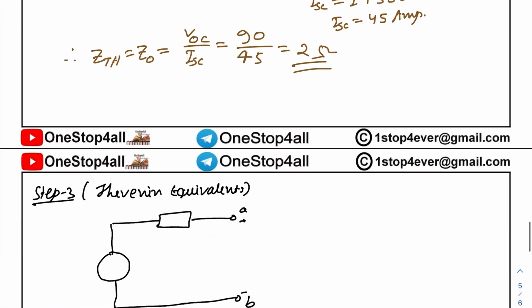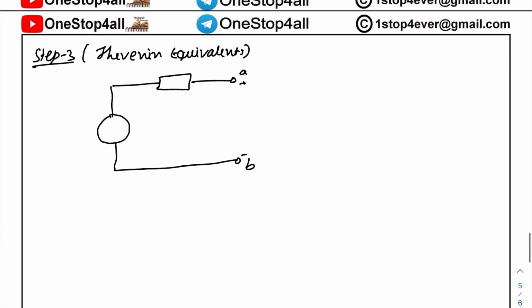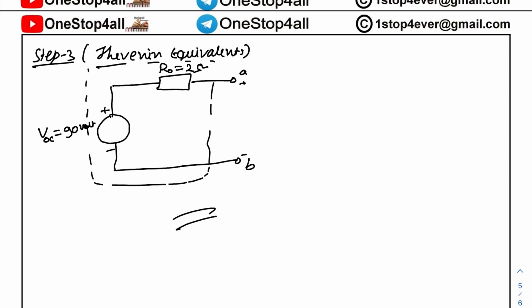No, there is no load connected. This is your VOC, also known as the Thevenin voltage, that is your 90 volt. Because this is DC, we mark the polarity, and this is your Thevenin equivalent resistance, that is R naught, which we calculated as 2 ohm. We draw it with a dotted line. So this is your Thevenin equivalent.